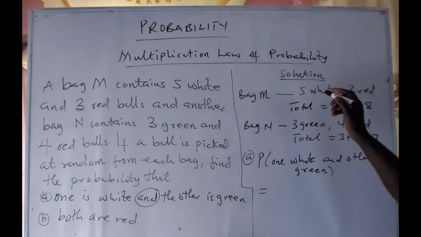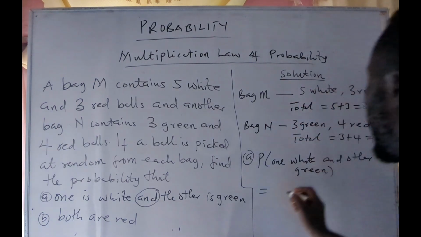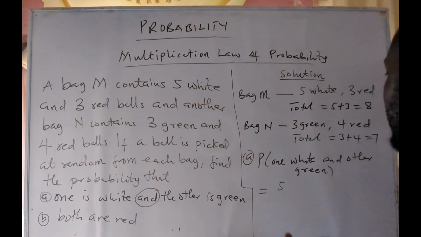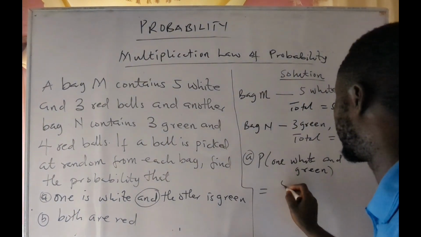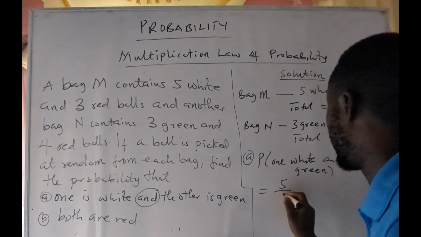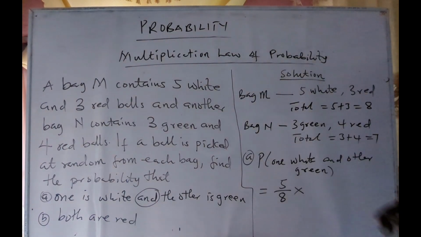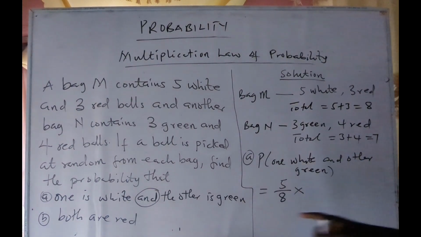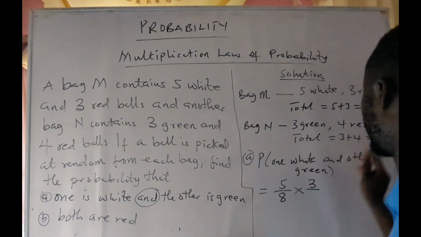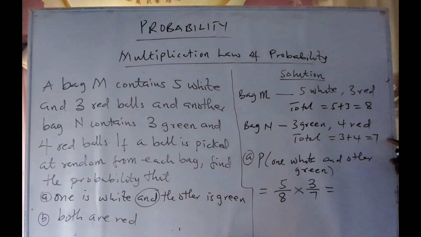So one is white, from bag M. How many white? 5. How many total balls in bag M? 8. So the probability is 5/8. And in bag N, I'll pick green. How many green? 3. How many total balls in bag N? 7.